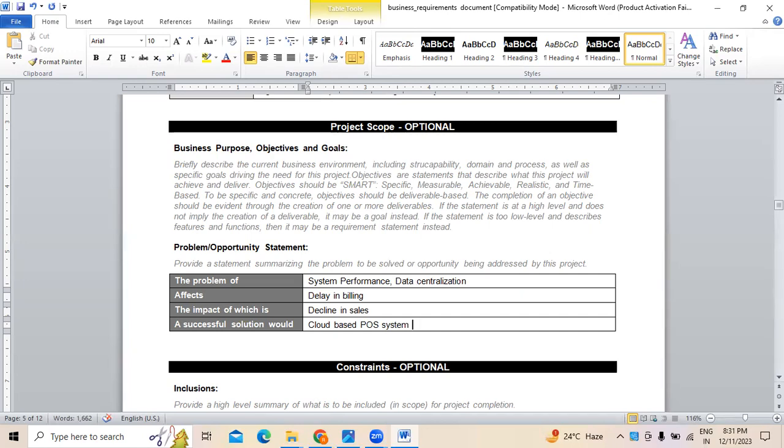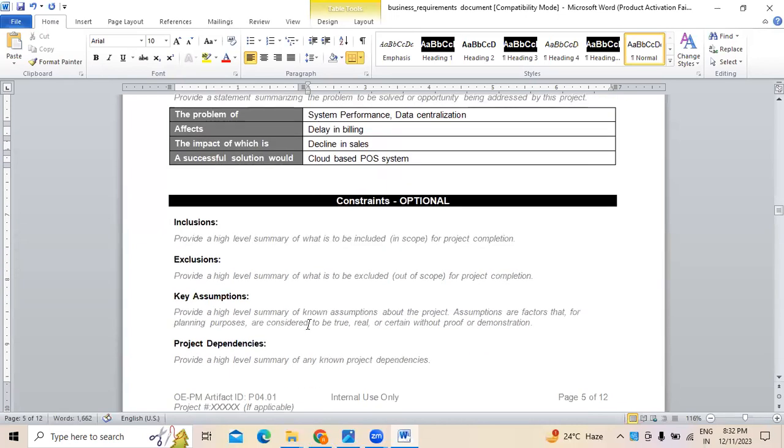This is based on the research we have made earlier and the complete information we have identified. End of the day, the problem, opportunity statement, effects, impacts, and the successful solution, everything has to be mentioned under the problem opportunity statement.